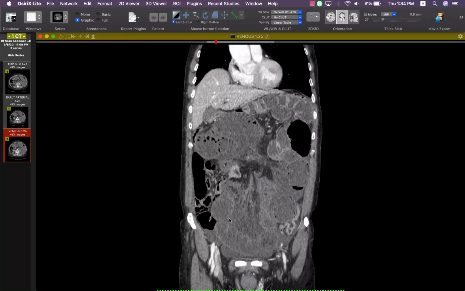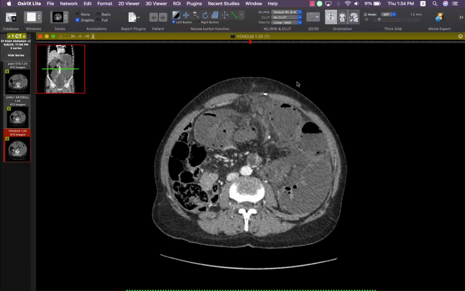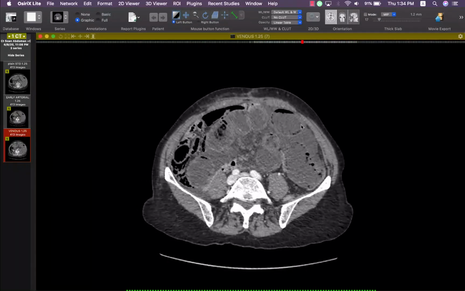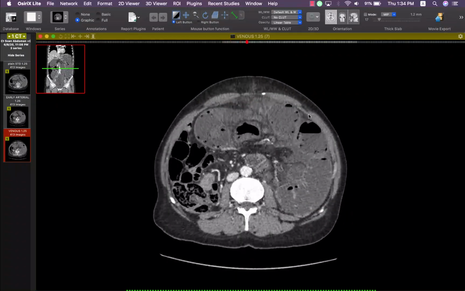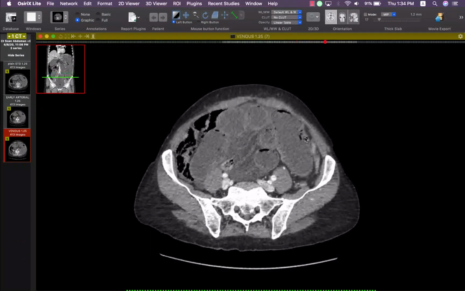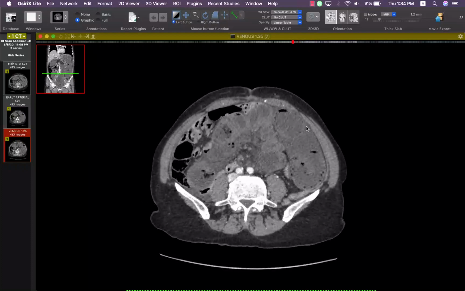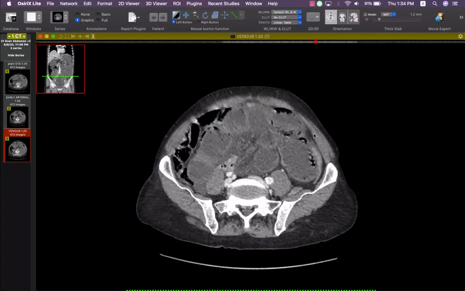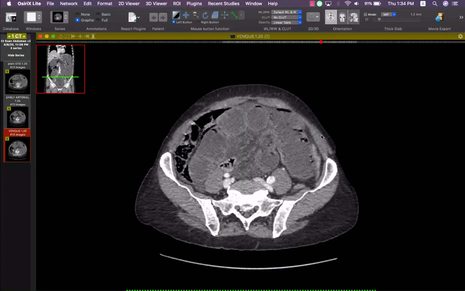So this patient has a closed loop obstruction, and the underlying etiology of closed loop obstruction is usually three main causes. Either volvulus, and we can clearly exclude volvulus by searching for the whirl sign in the mesentery. There is no whirl sign in the mesentery, so this is not a volvulus. The second main cause is adhesions, usually in the setting of previous operation.